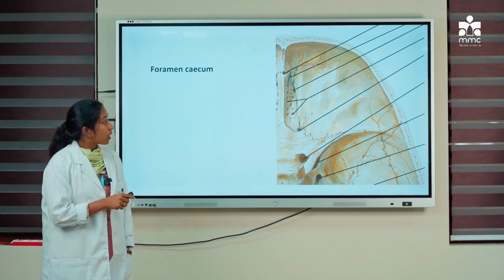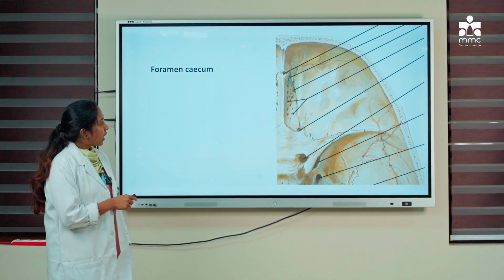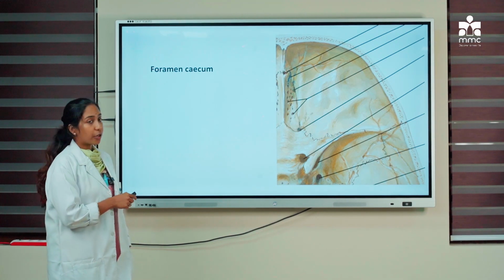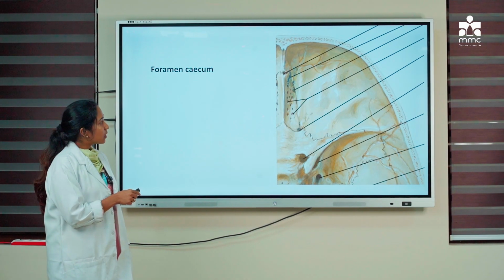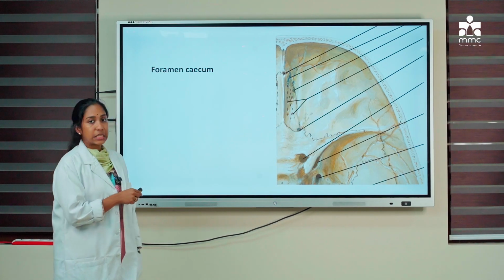Then at the junction near the frontal crest, where we can see the cribriform plate of ethmoid, we can see a small foramen called the foramen cecum.